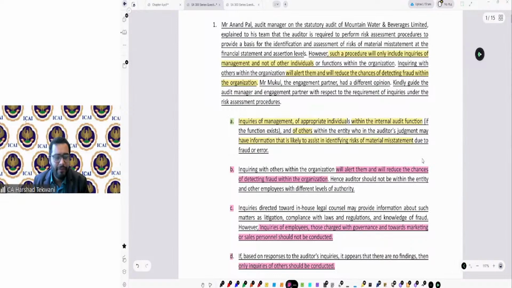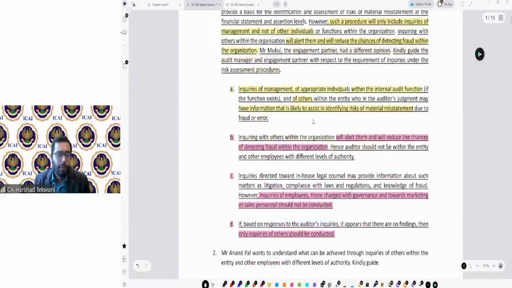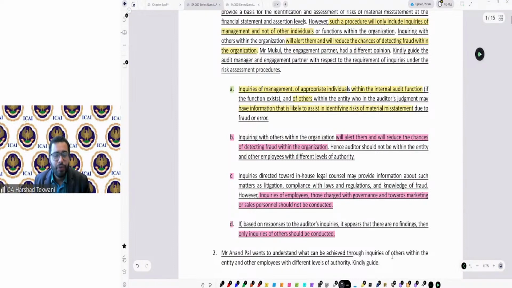Let's say, for example, I extend this particular question and ask you this. Mr. Anpal wants to understand what can be achieved through inquiries of others within the entity and other employees with different levels of authority. Kindly guide. So you tell me what information you can gather from which type of employee or which department within the organization.